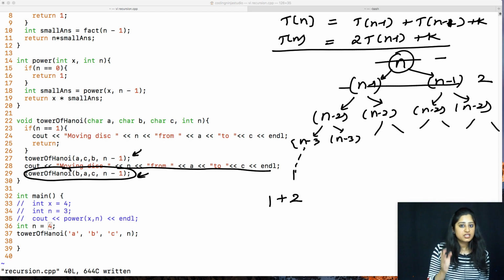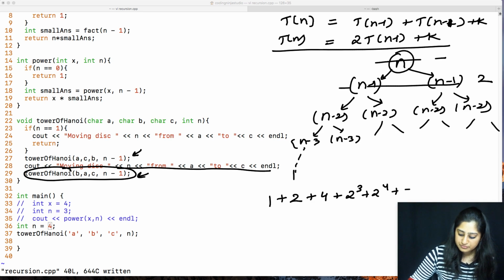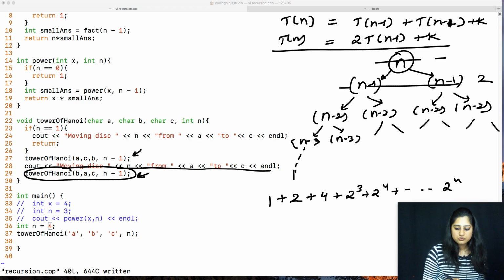So next time I am making two function calls, next time four function calls, next time 2 to the power 3, 2 to the power 4, and it will continue till 2 to the power n.